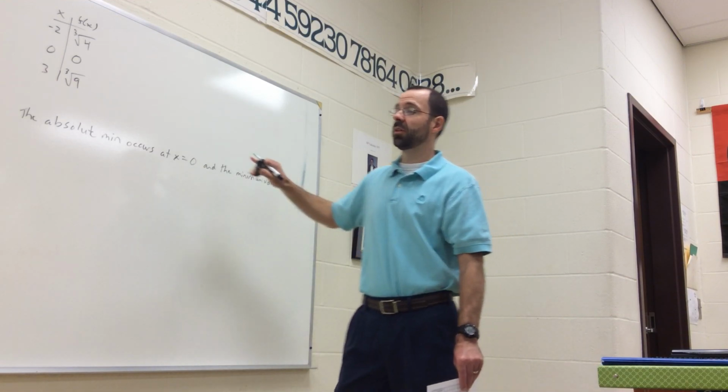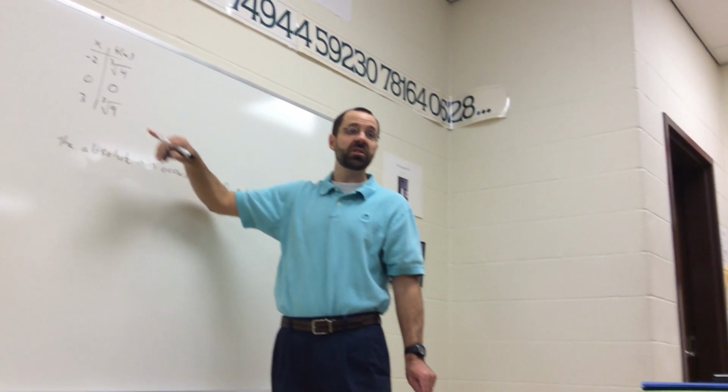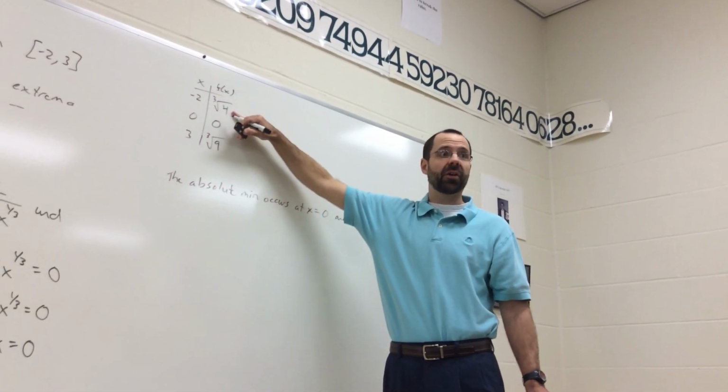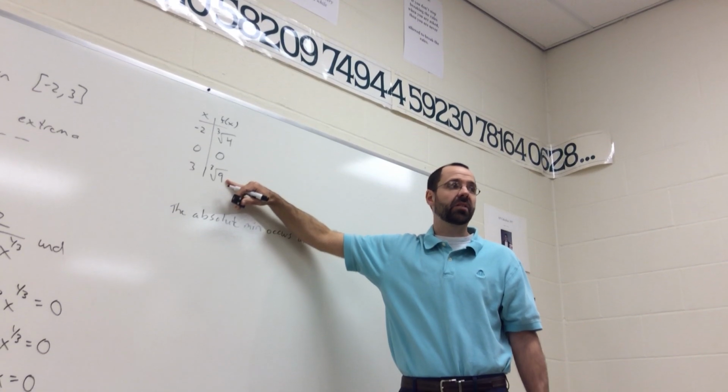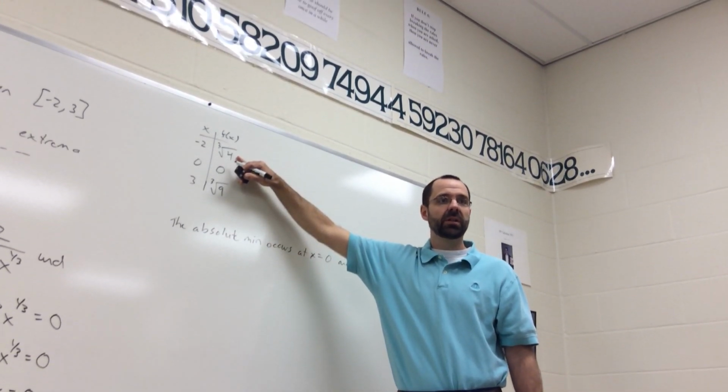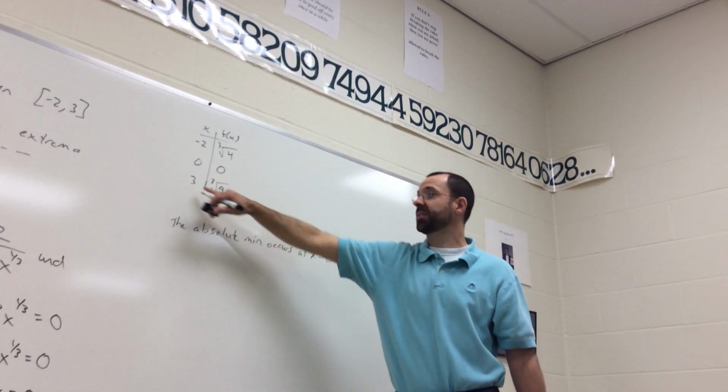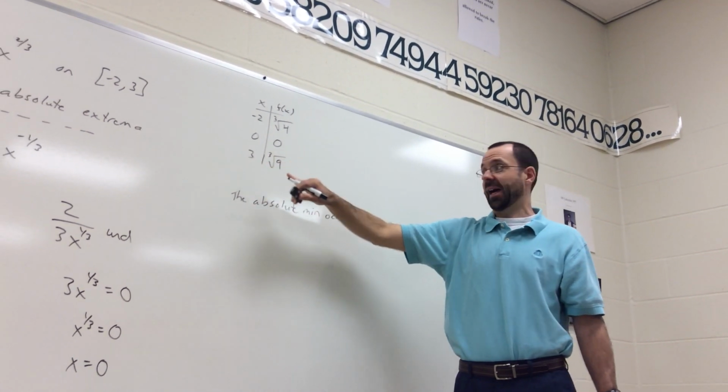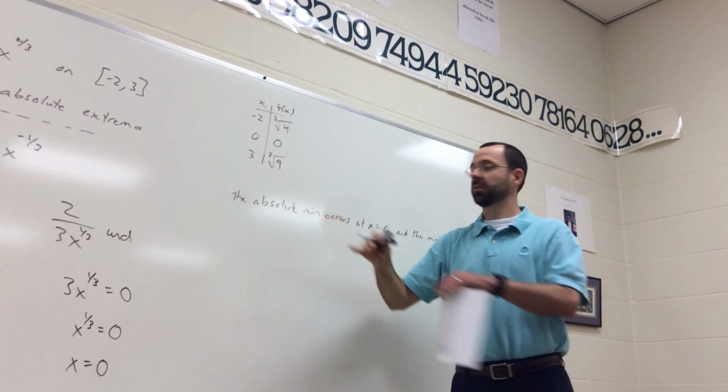Okay, and then we don't know what these numbers are, but we do know that this is bigger than that, right? If you take the cube root of 9, that's going to be larger than the cube root of 4. So the absolute max happens at 3, and the max is the cube root of 9.